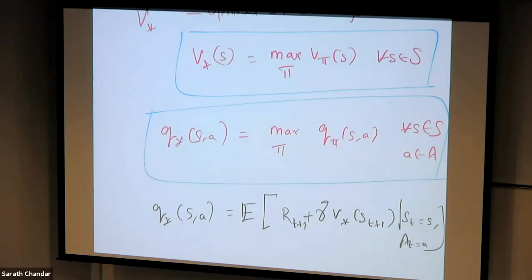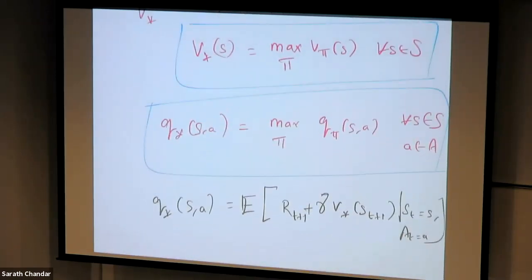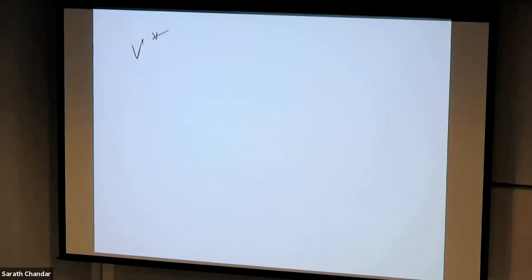We have defined what an optimal policy is, and we have also defined the value functions of the optimal policy. Let's talk about V star first and then about Q star. This V star is a value function for some policy, which in this case happens to be the optimal policy. It means V star should also obey Bellman equations.